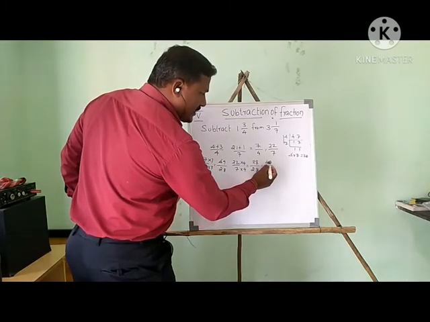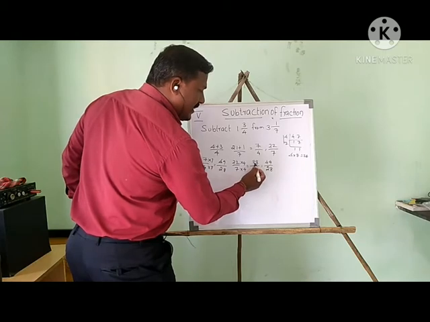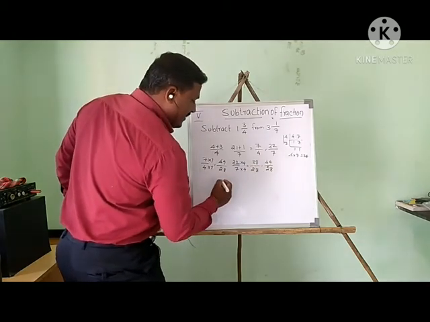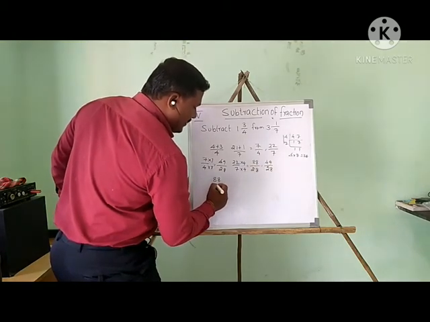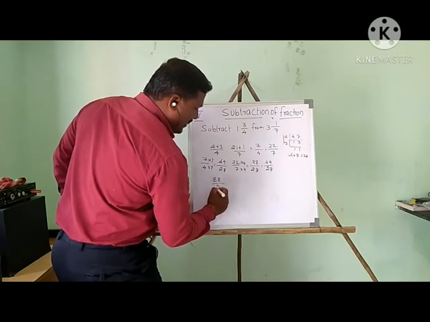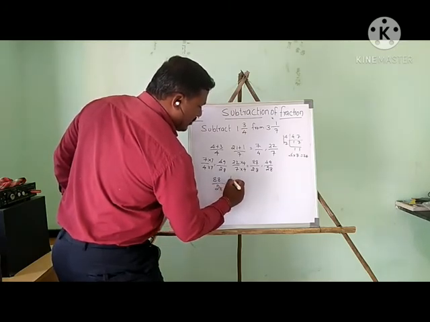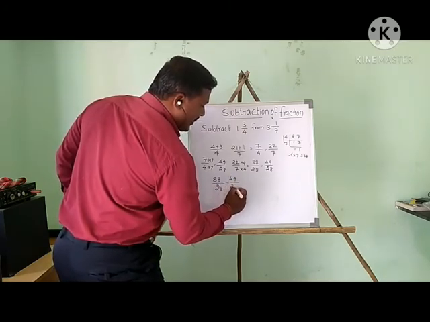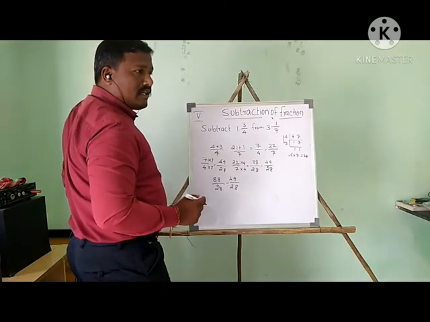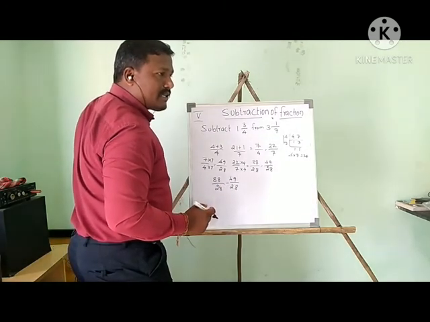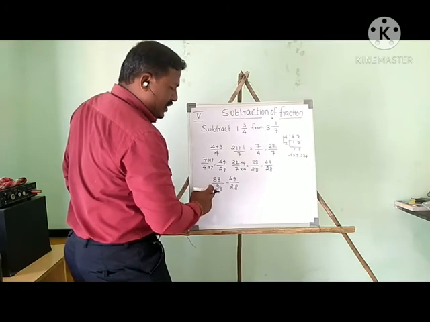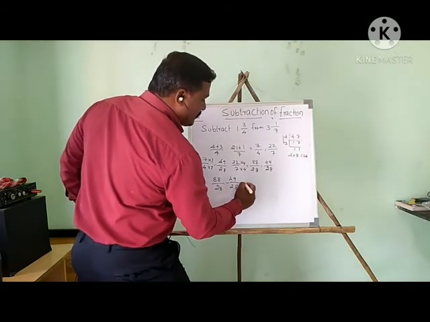If you compare the numerators, the greater numerator is 88. So 88 upon 28 subtract 49 upon 28. Okay. 88 subtract 49 divided by 28. So I will take 28 common.